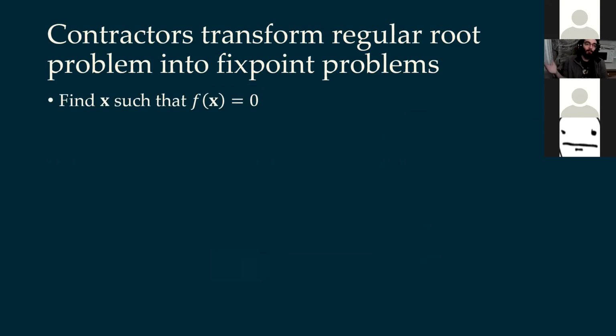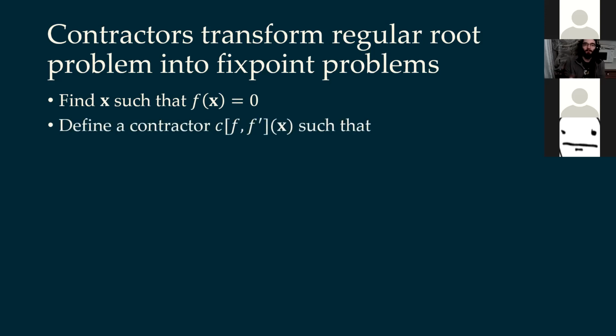We want to find x such that f of x is 0. We have these funny contractors, which are functionals of f and its derivative, and we can guarantee under some conditions that if f of x is 0, then x is a fixed point of the contractor. Then we can use what I just showed you and find the solution the exact same way.